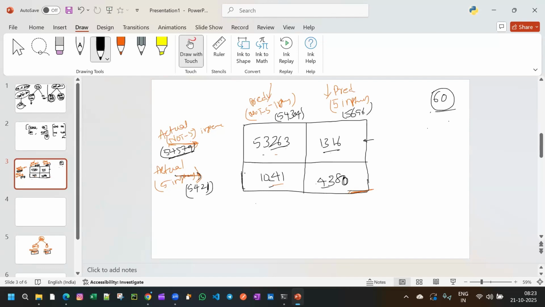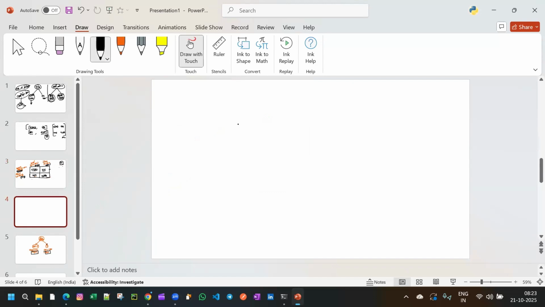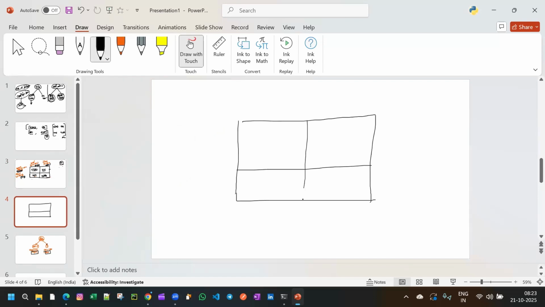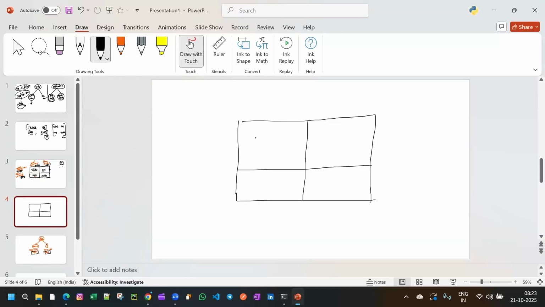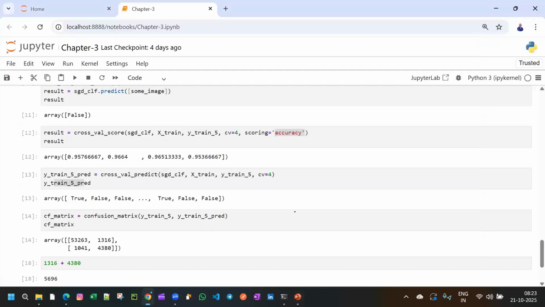Okay, I'll write the same thing in a neat fashion. My writing is not great, but we are going to discuss this in detail. Let me write it here. This one represents 53263, 1316, 1041, 4380.